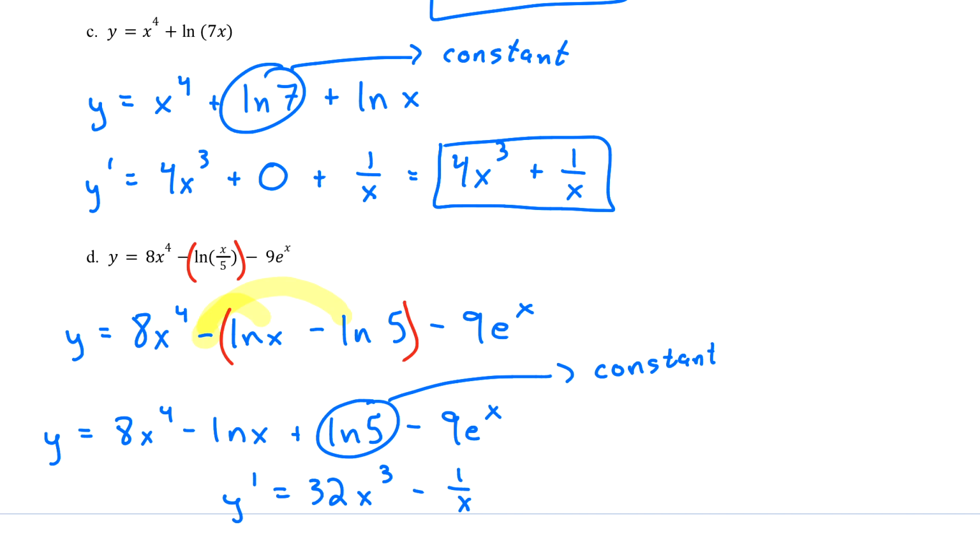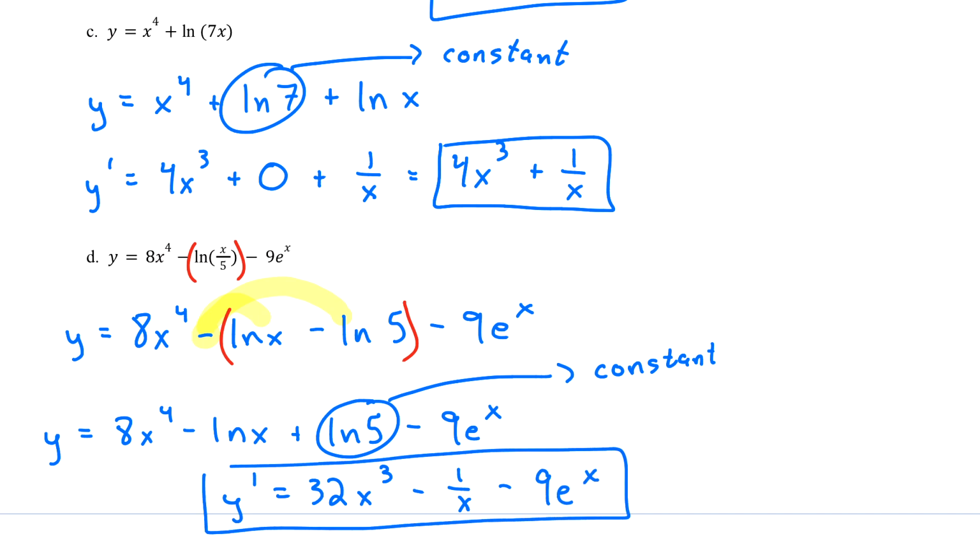So I'm not going to write the 0 this time. And then for my last term, derivative of -9e to the x, well, in that case I just multiply the derivative of e to the x, which is e to the x by -9. So my derivative should look like -9 times e to the x. And there is my derivative.